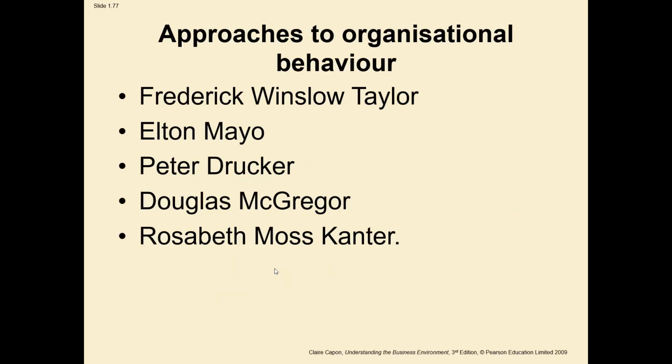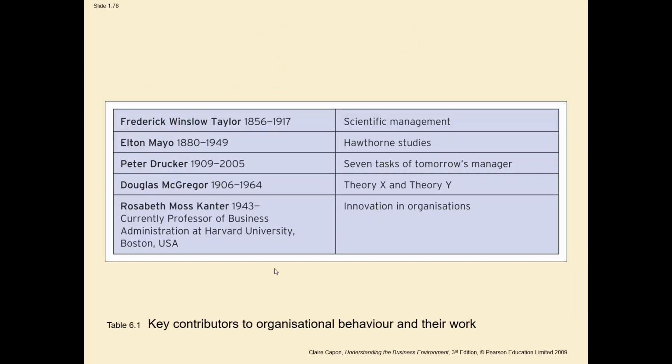Right. So the main theorists here are Frederick Winslow Taylor, Mayo, Peter Drucker, Douglas McGregor, who is hugely popular, up to Rafael Resling, and Rosabeth Moss Kanter. So let's have a look at these. Taylor, from 1856 to 1917, was known for scientific management, about getting the right people.